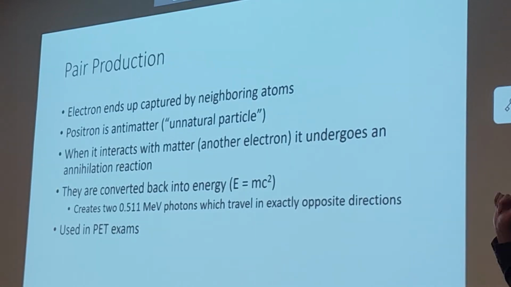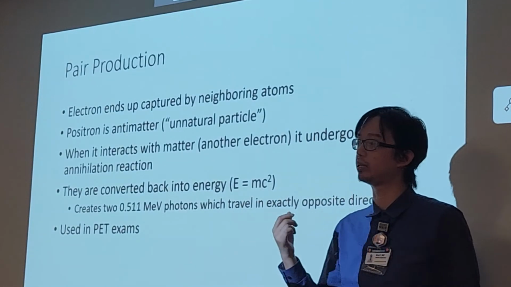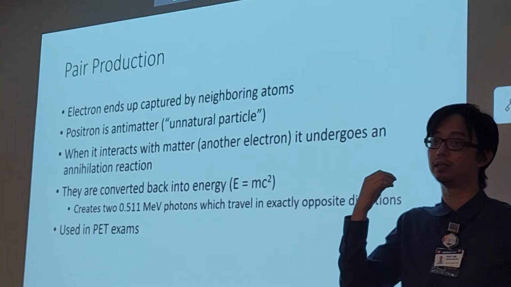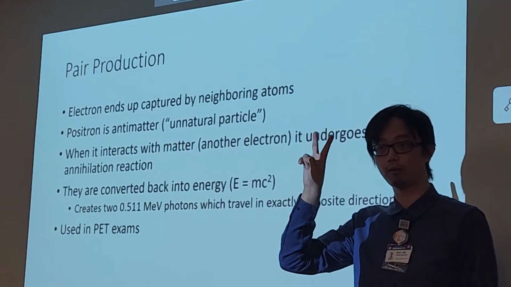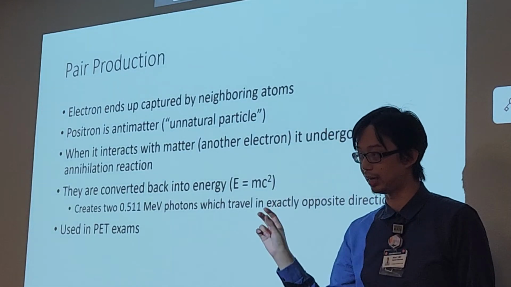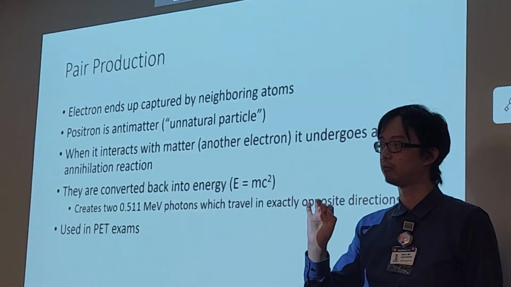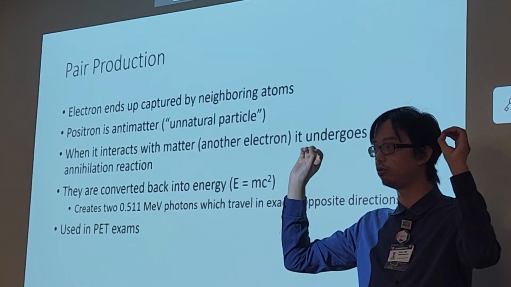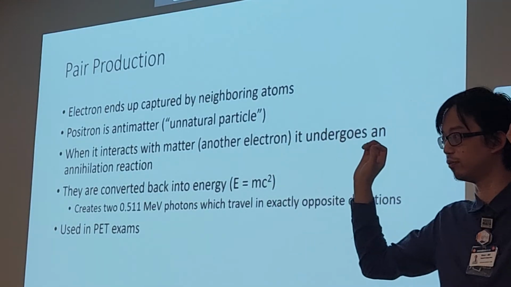So the idea here is, why do we need a minimum of 1.02 mega electron volts? Because that's the minimum energy needed to create two particles. When those two particles get turned back into energy, they create that exact same amount of energy. So one electron and one positron, those two combined are equal to 1.02 mega electron volts.